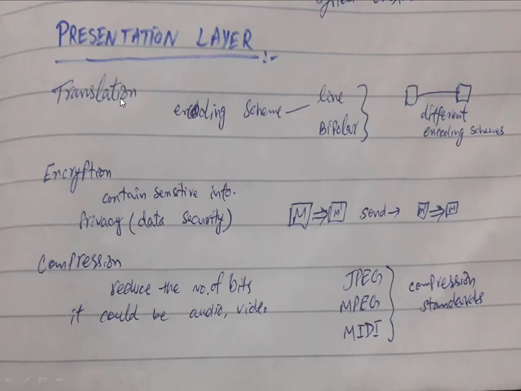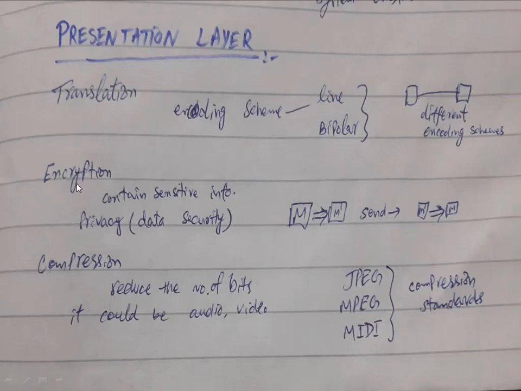Translation means encoding scheme, either line or bipolar. These are 2 systems communicating with each other, and they can use different encoding schemes, either line encoding scheme or bipolar encoding scheme.